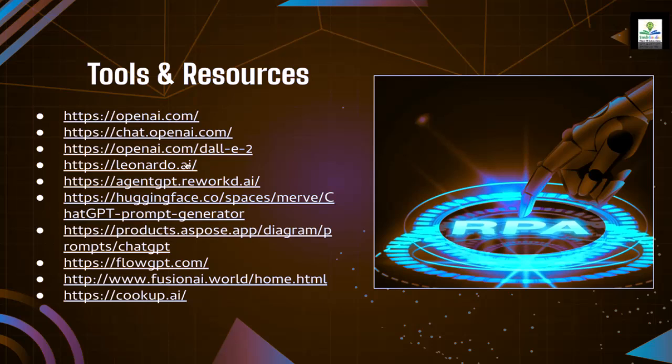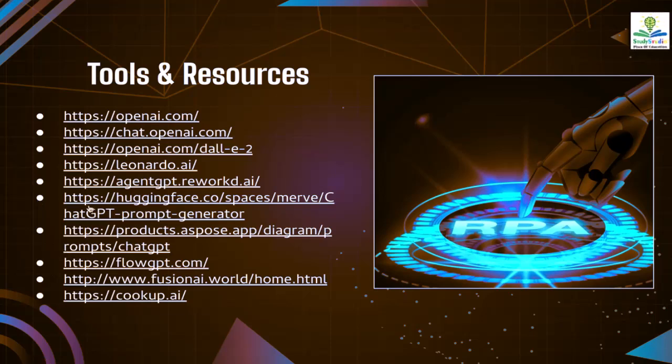ChatGPT and DALL-E are products of OpenAI, so you need to create your account on OpenAI first before accessing them, right? DALL-E is basically a text to image generator, just like Midjourney, and Leonardo AI is also a text to image generator, right?